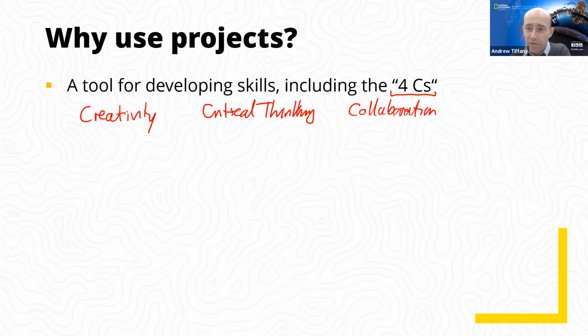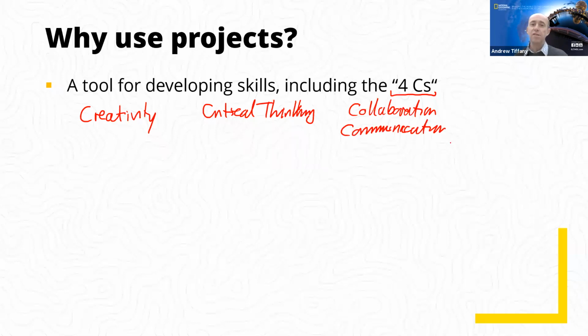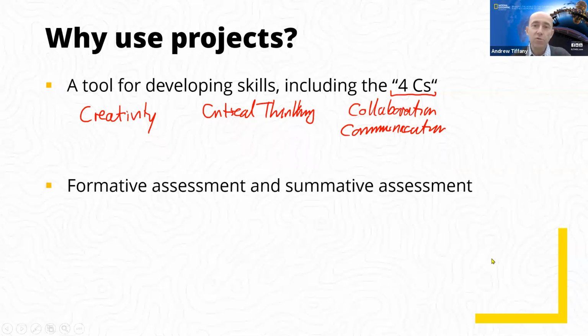Gregolin's got it, communication. So creativity, critical thinking, collaboration, communication. Those are the 4 C's that we often talk about in terms of today's kind of learning, 21st century learning, okay? So projects can develop all of those things, okay? They're also really, really good for assessment, okay?